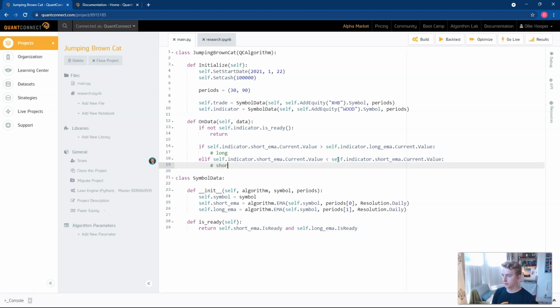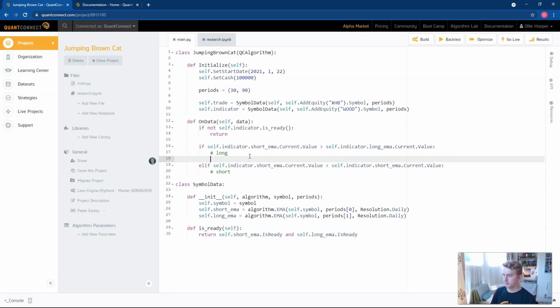Okay, so to prevent overtrading, we only want to trade when it switches over. So let's just check that we only want to go long here if we're already short or we're not already invested. So self.portfolio, and then we can just pass in our trade symbol. So self.trade.symbol is short, or we're not invested.